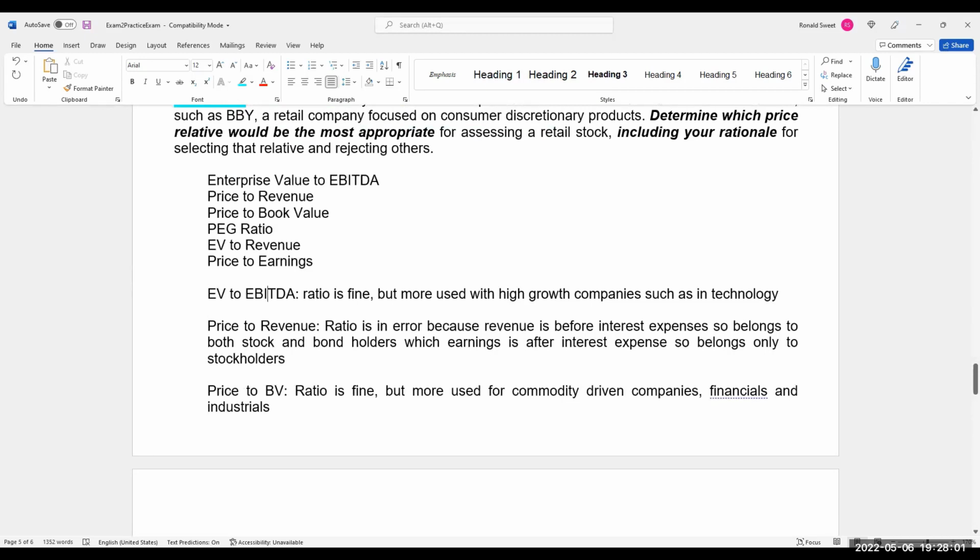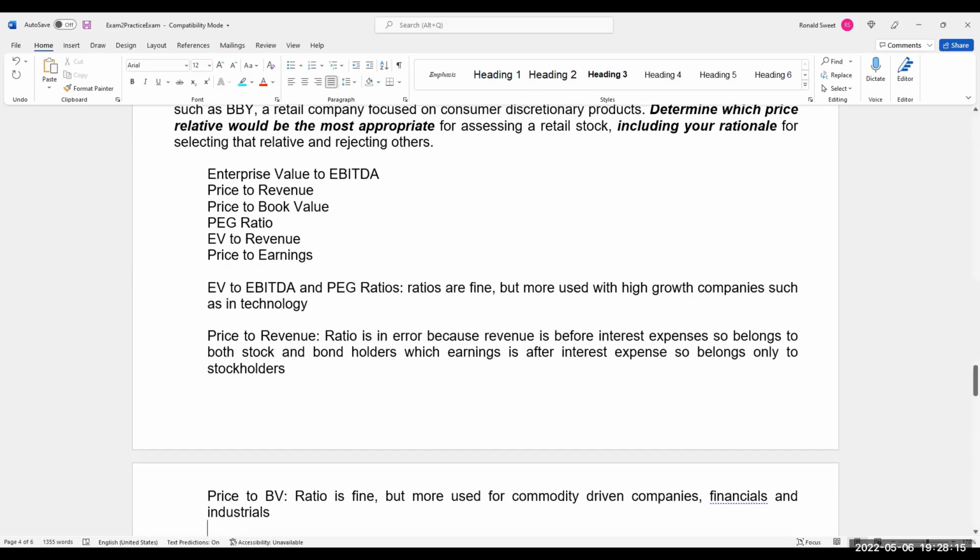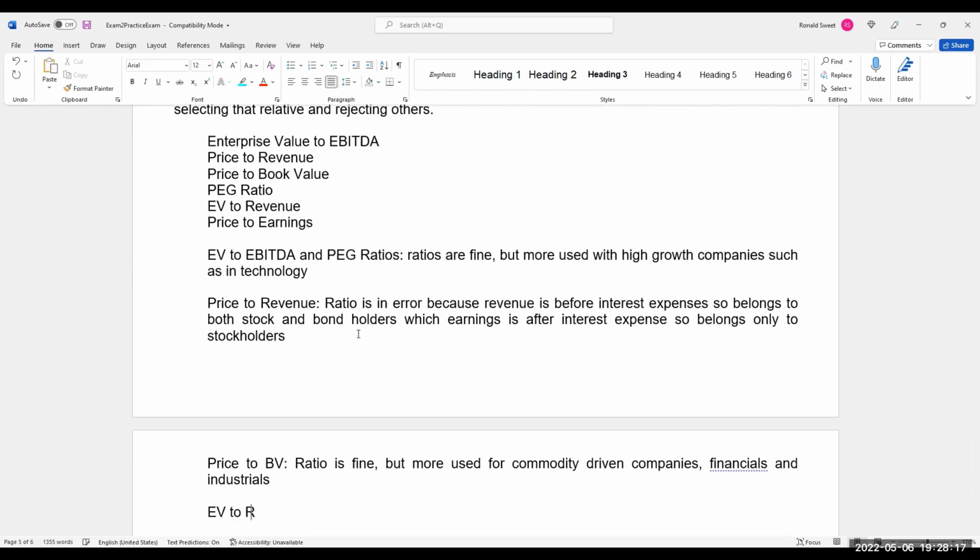If you want to combine, you can. So EV to EBITDA and PEG ratios are fine, but more used with high growth companies such as technology. The next one is EV to revenue. Ratio is fine and the most appropriate for a retailer like Best Buy focused on margins.